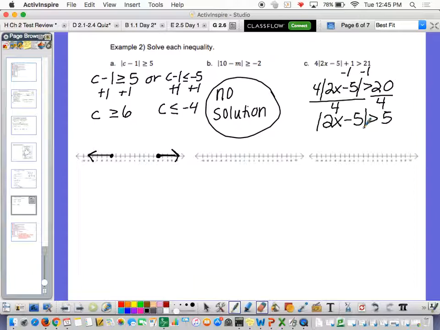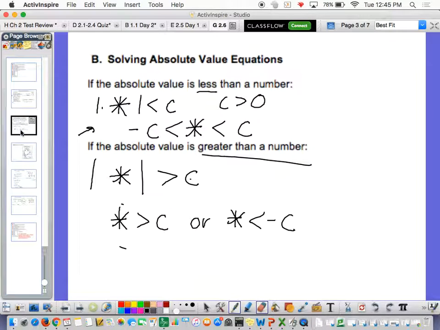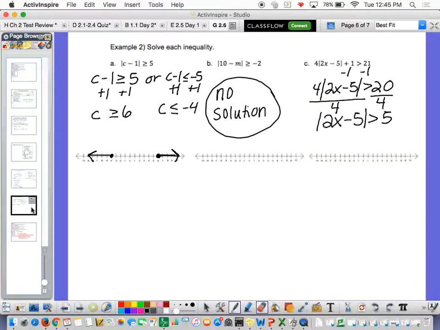All right. Now we have to decide, okay, do we have an and or do we have an or? And so we go back here and we're like, we have a greater than situation, so we have an or. So I'm going to do it down here. We have that 2x minus 5 is greater than 5, or 2x minus 5 is less than negative 5.